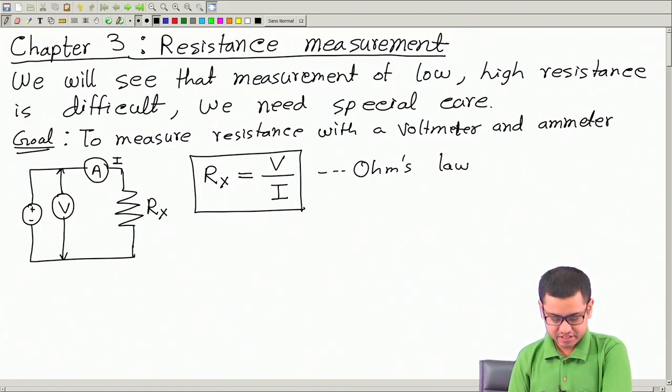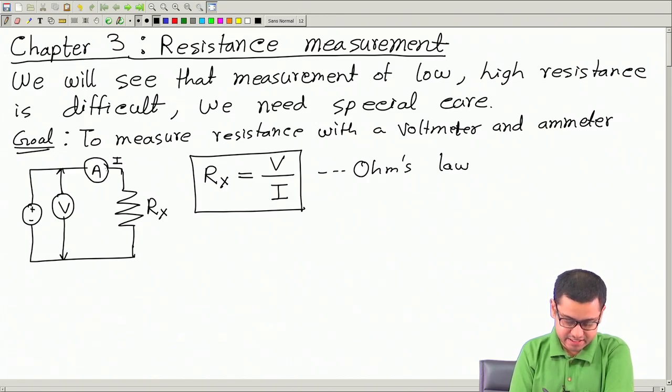What is that? Observe, the moment I have inserted this ammeter in this circuit, this voltmeter is not measuring the voltage across this resistance. It is actually measuring the voltage across the series combination of this ammeter and this resistance Rx.